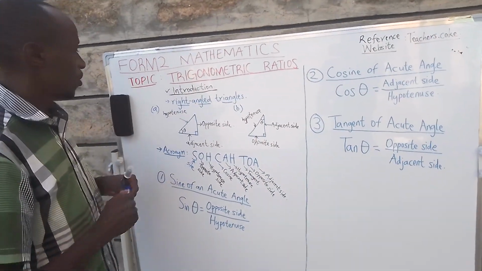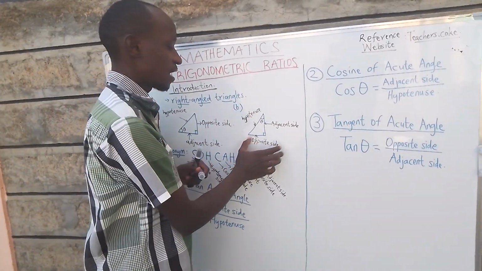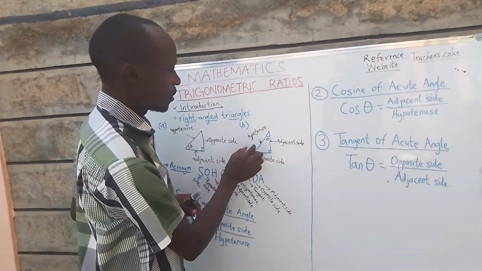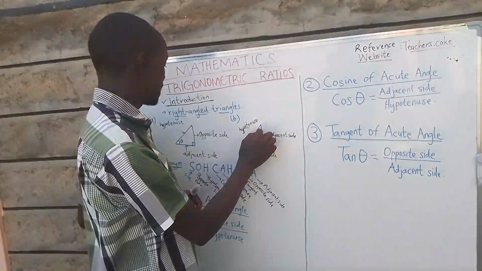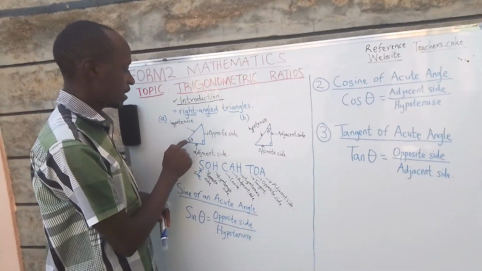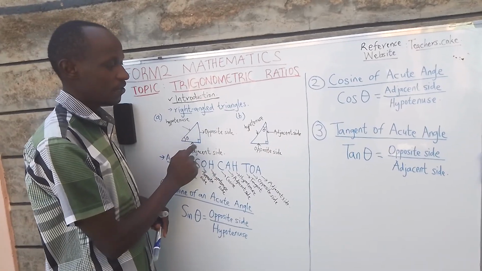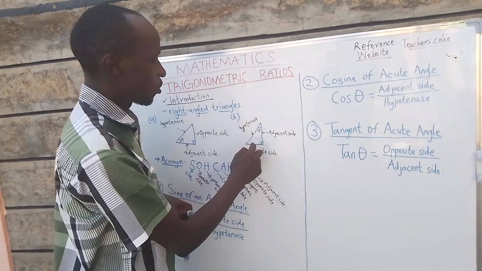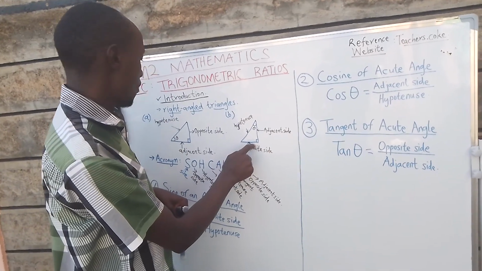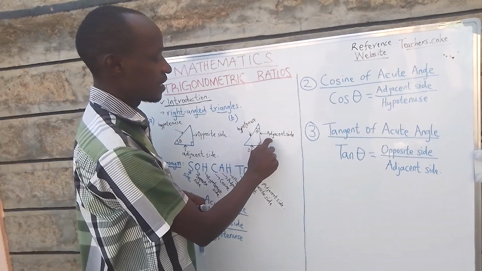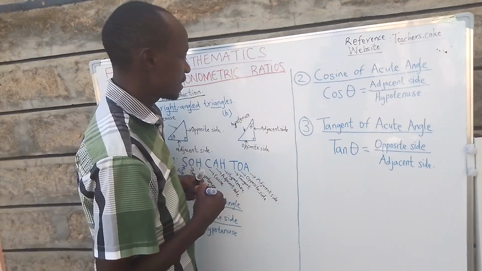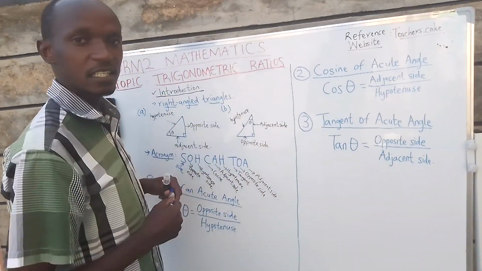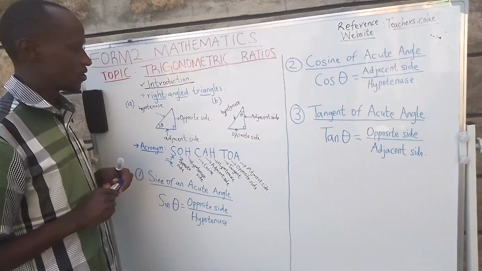When we have this second example of our right-angled triangle, where the angle theta is now here up, this side is going to be the opposite side, and this side is going to be the adjacent side. Well, the longer side is going to be the hypotenuse.